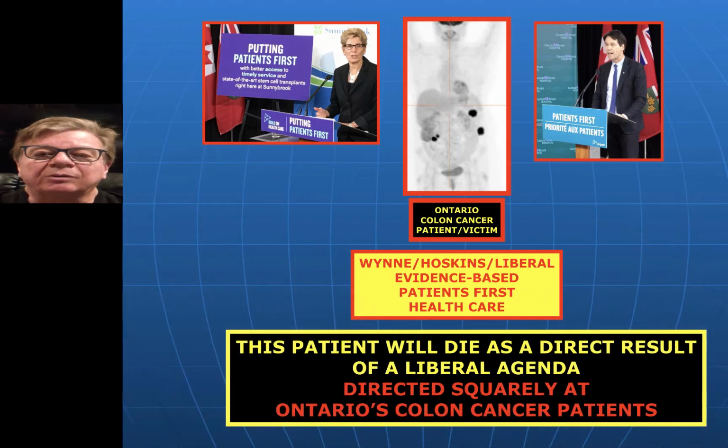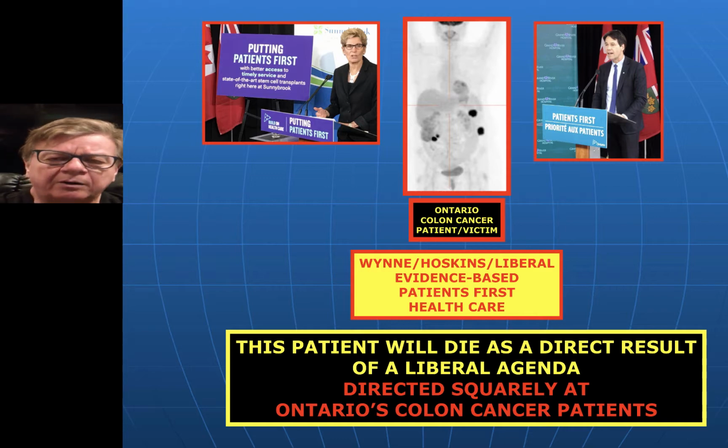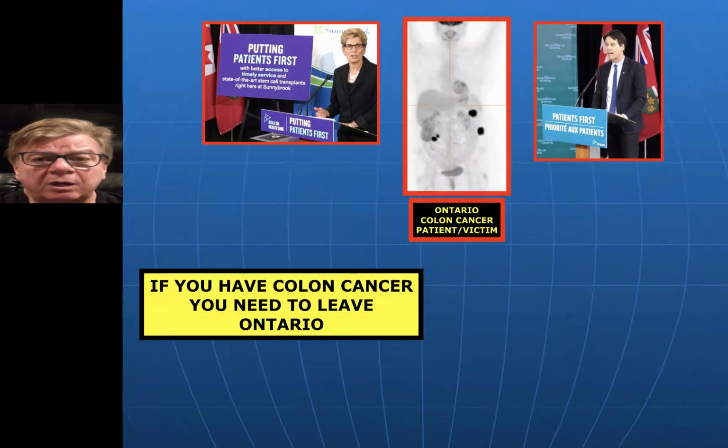And yeah, you're right. This patient will die. They're not going to make 10 years. They'll be lucky to make another year or two, right? But they will die directly as a result of a liberal agenda directed squarely at this patient and the colon cancer patients of Ontario. My advice to you would be, if you have colon cancer in Ontario, you need to leave.